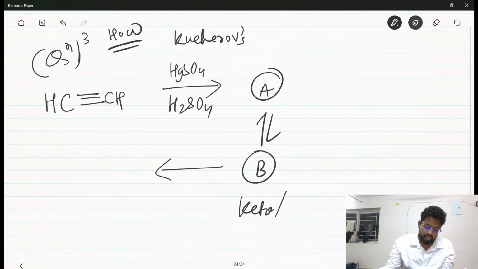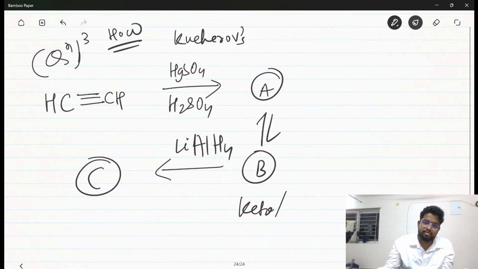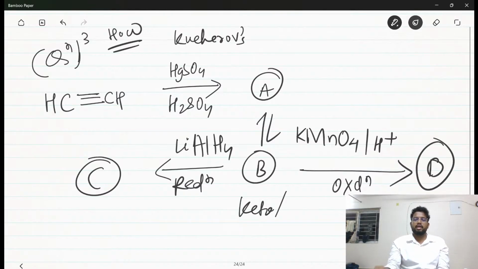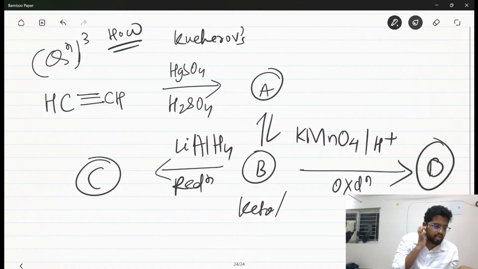Then this B reacts with LiAlH4, lithium aluminum hydride, to give C. This B also reacts with KMnO4/H plus. You know, lithium aluminum hydride is a reducing agent. KMnO4 is a strong oxidizing agent. You got D. Find A, B, C, D. Note down the question and we continue from here.